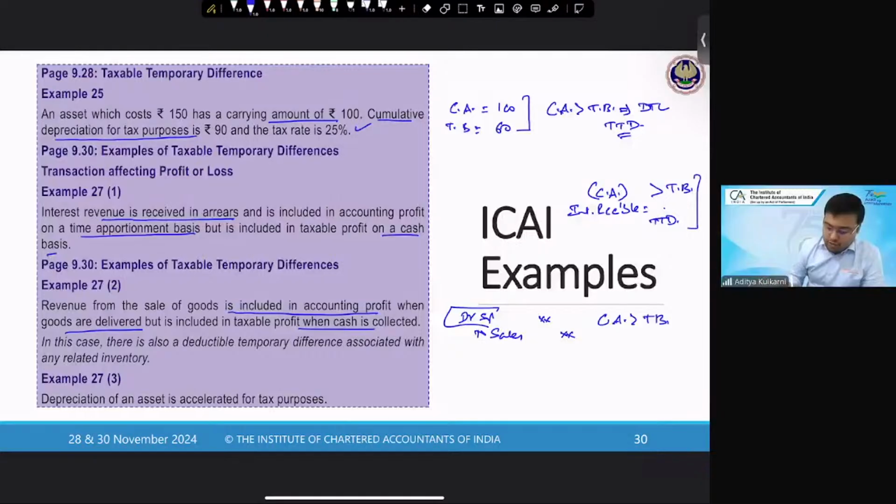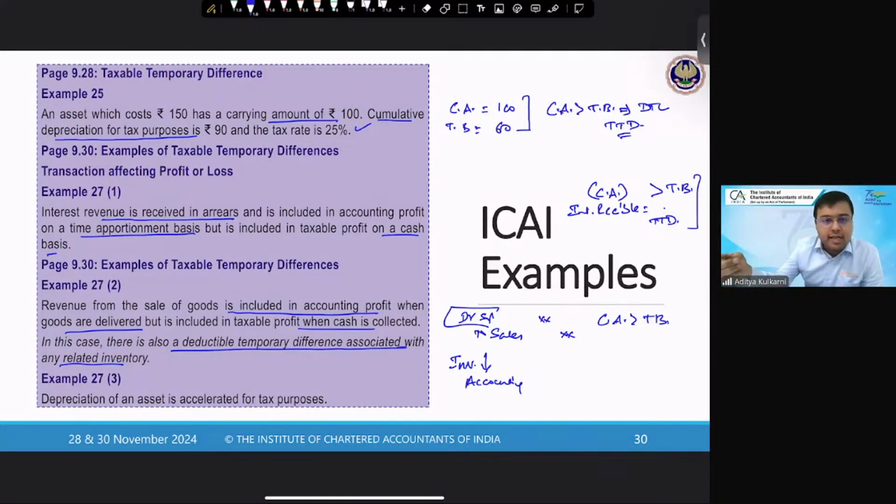But point to notice, there is also a deductible temporary difference associated with related inventory. Why will there be a deductible difference? Because of COGS, cost of goods sold, yes or no? Yes, sir. See, inventory will drop for accounting purposes, because I booked a sale.